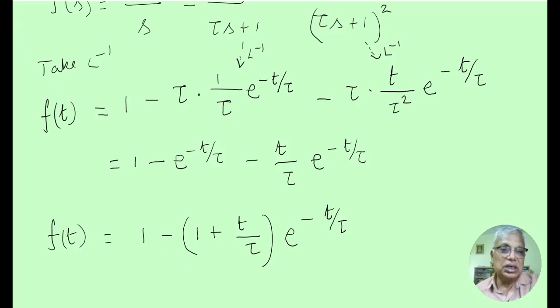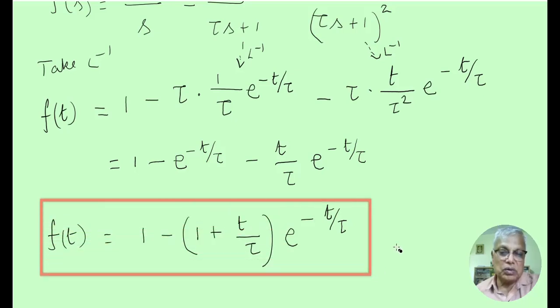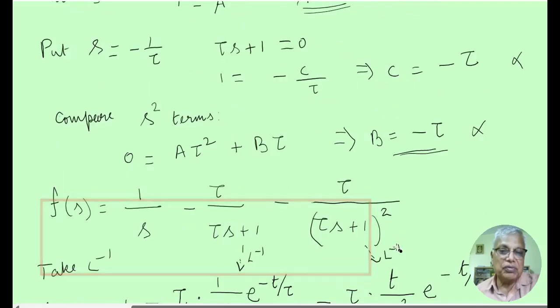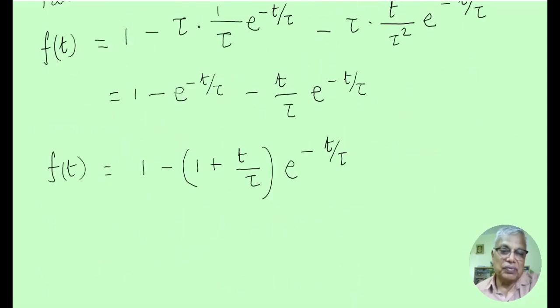So this is the required inverse of the given function. What's the given function? F of s equal to 1 by s into tau s plus 1 whole square. So the inverse of this function is this.